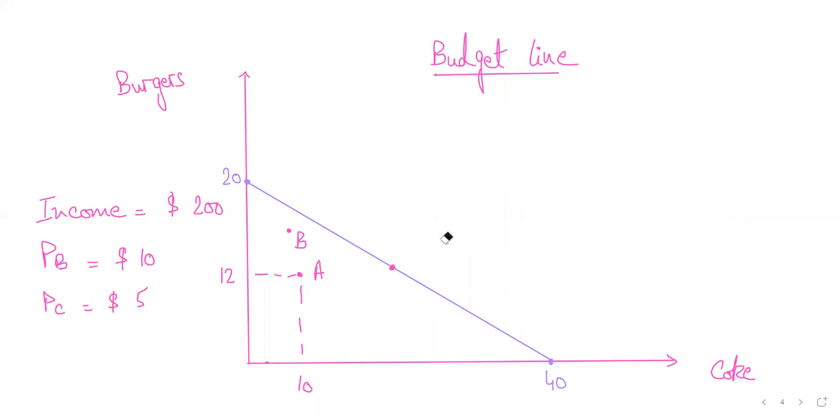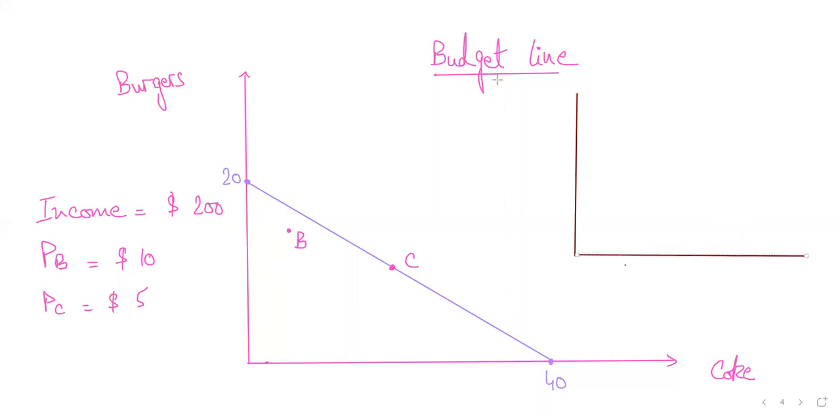And then there's another difference that you need to know. What's the difference between point B and point C? Now we can tell looking at the graph that B is within the curve and C is on the curve. So any point within the curve means you are not fully utilizing your income. Just like in the case of the production possibility curve, do you remember or have you forgotten?